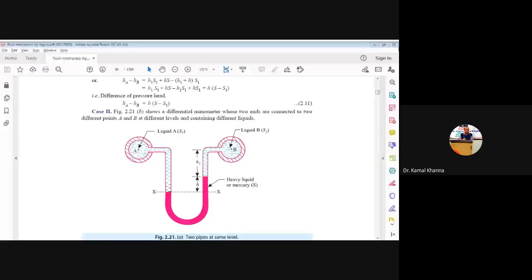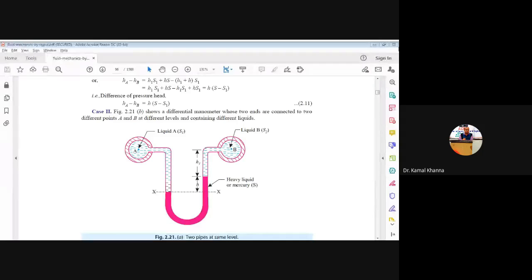In our case we have used mercury here, so that as soon as you have connected the U-tube manometer with these 2 points, you can see liquid 1 and liquid 2 both start entering into the U-tube differential manometer.